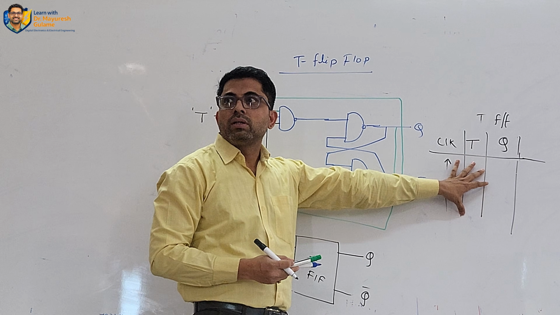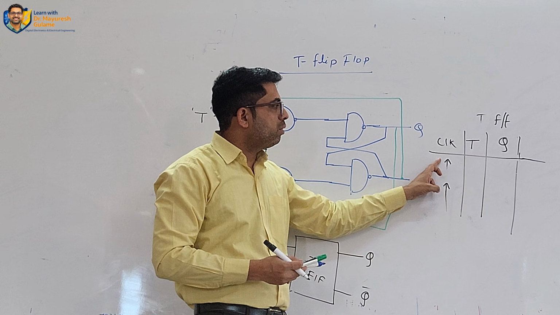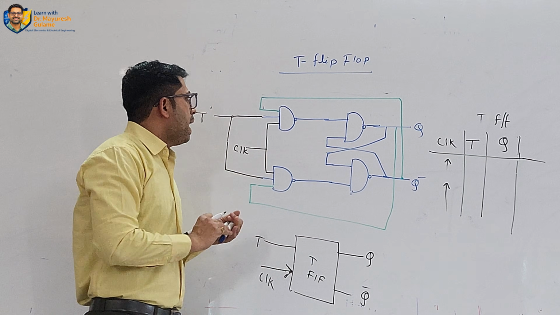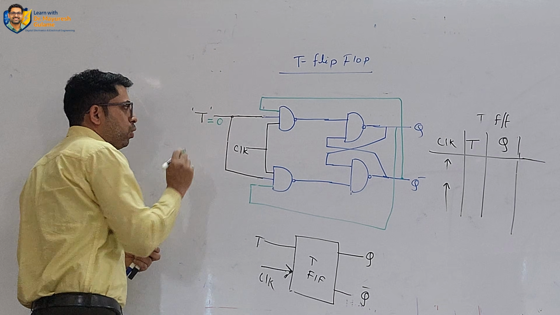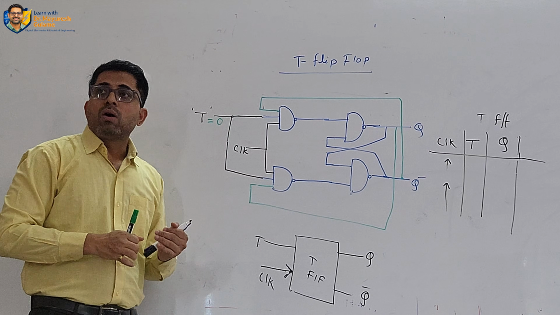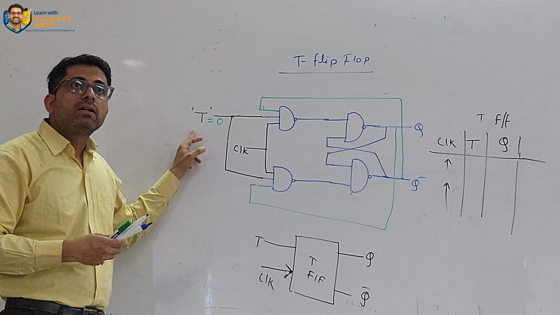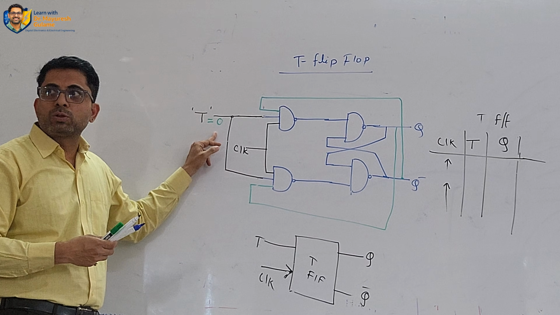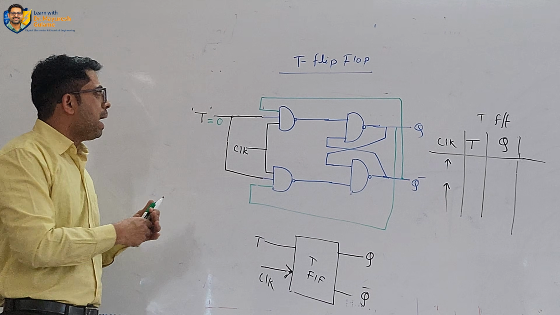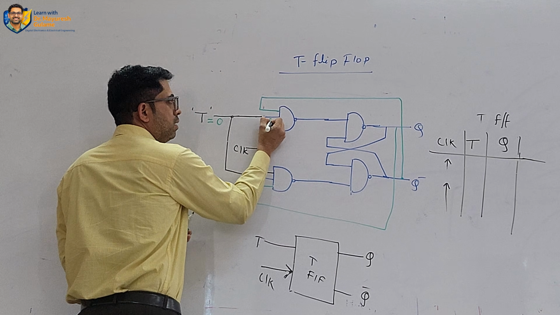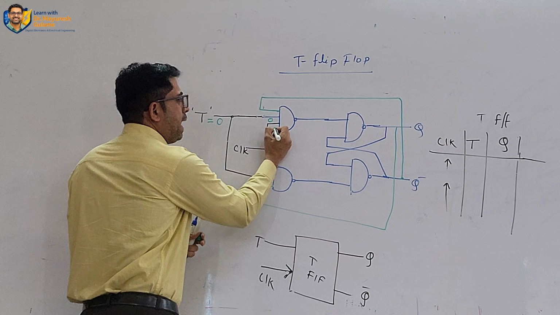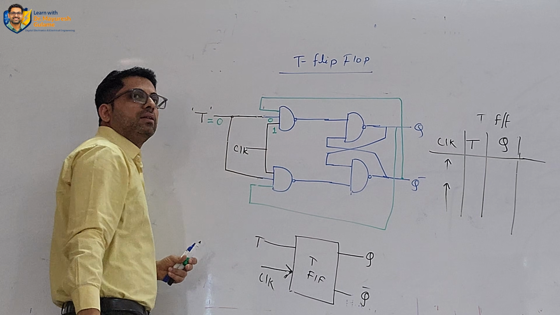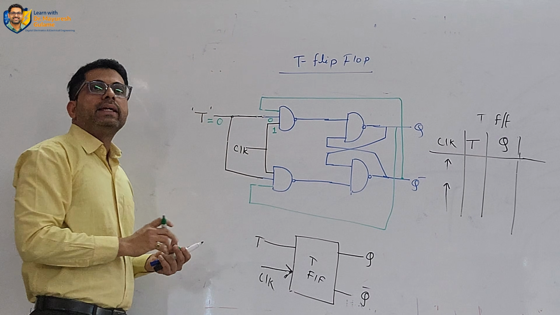Now, if I have given the clock and given 0 as the value of T, what will happen? Here we get 0 at the input, and since the clock is given, the clock is 1. Yes or no?